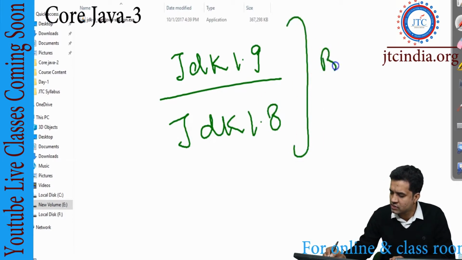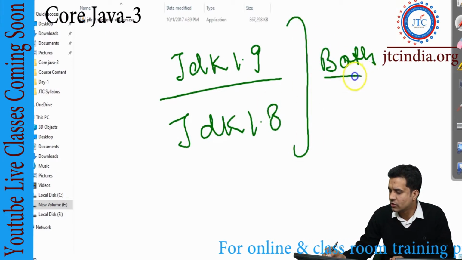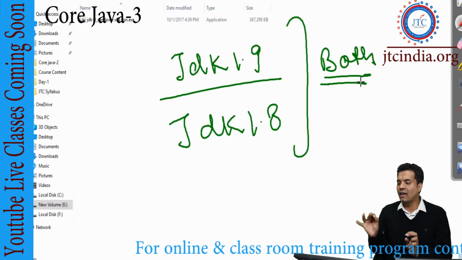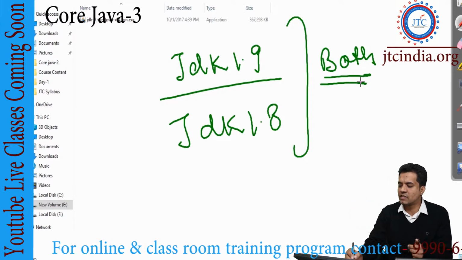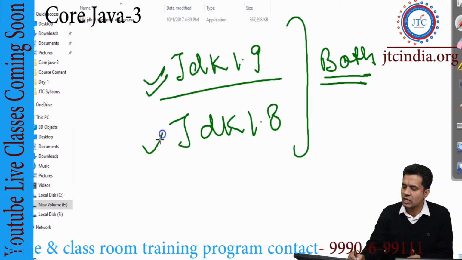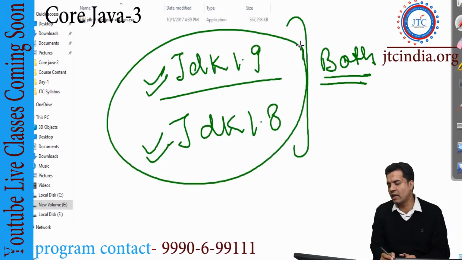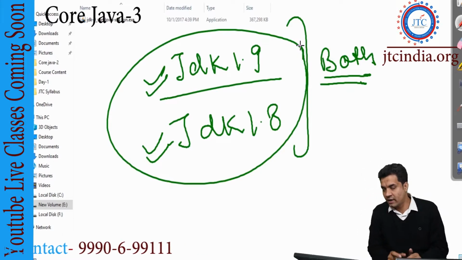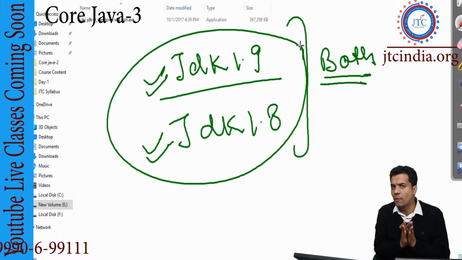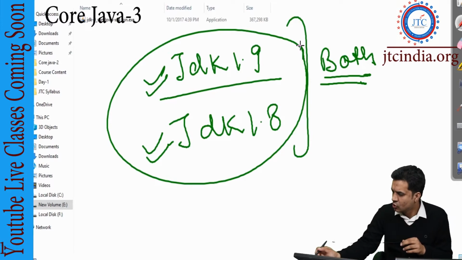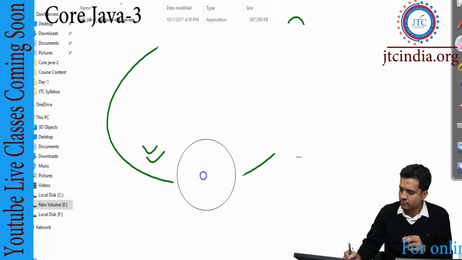These both versions I'm going to install, and then we will see what is the basic difference between Java 9 as well as Java 8. We will understand how it works, what is Java 9 as well as what is Java 8, and what is the basic difference right from the beginning itself, right? So we'll come to that portion again.